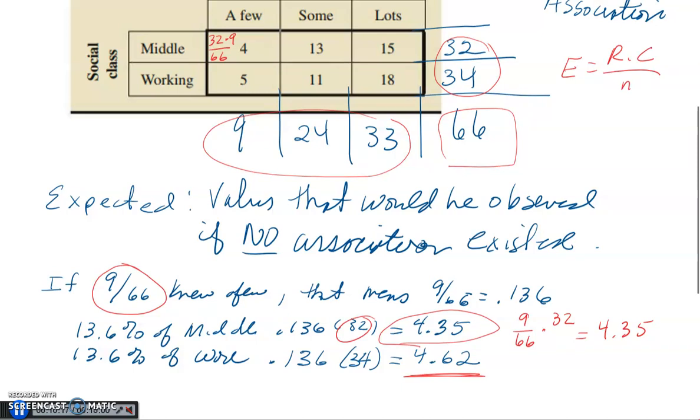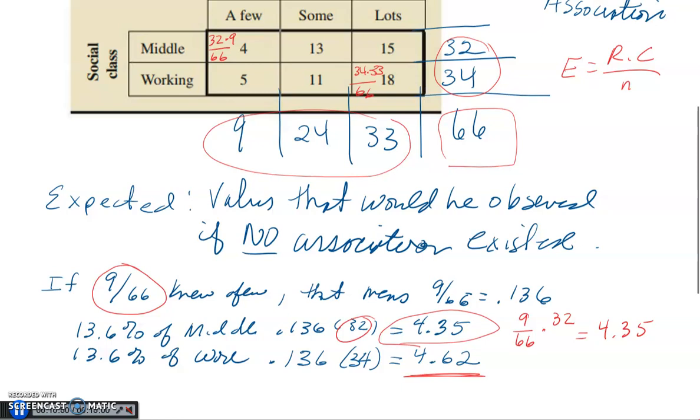So for example, let's look at this box here. This represents the expected value that a working class family child knew a lot of nursery rhymes. If we follow the formula, the row totals 34, the column totals 33, and you would divide by 66.